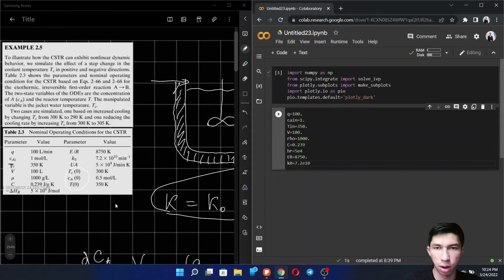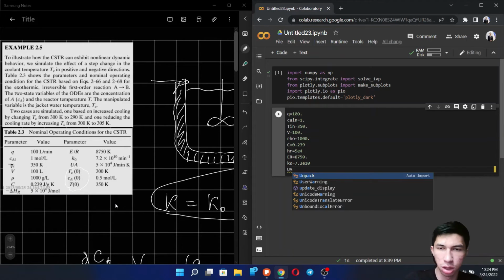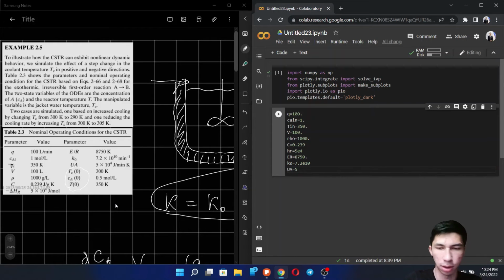And what else do we have? We have UA. It's going to be equal to 5 multiplied by 10 raised to the power 4. And the next, we also have our initial values, right? We have T cooling temperature naught, which is going to be equal to 300.